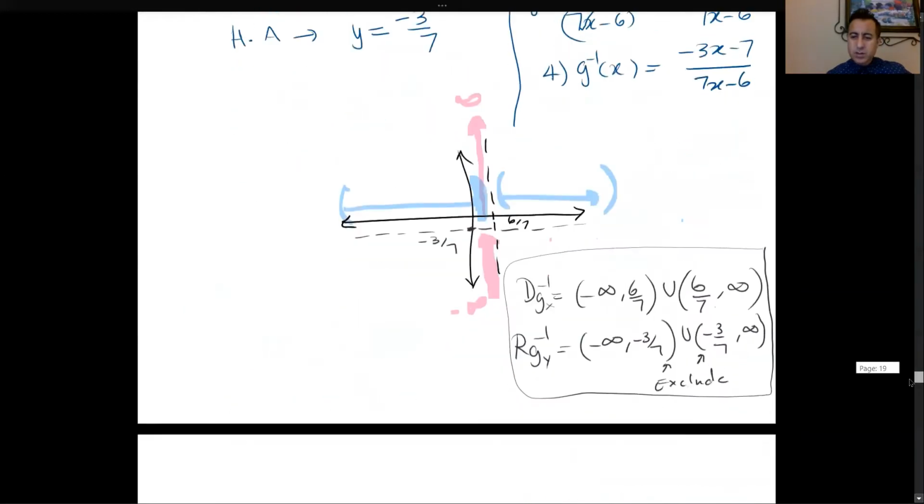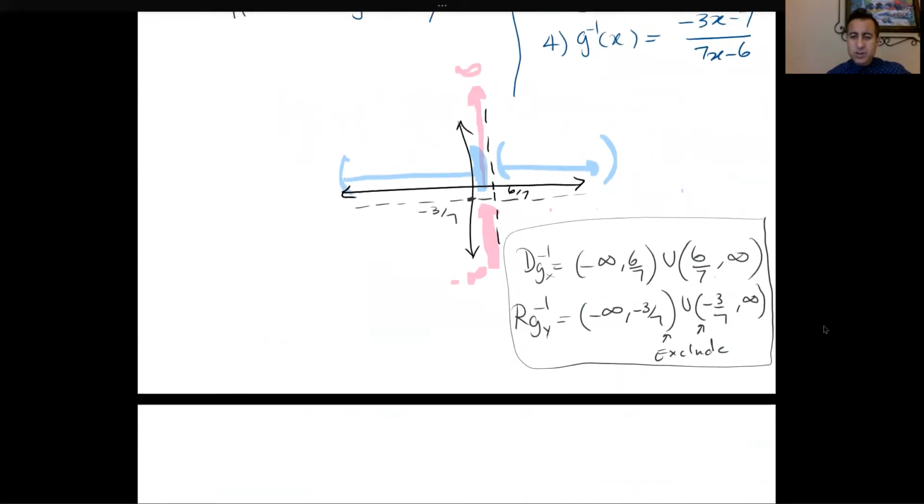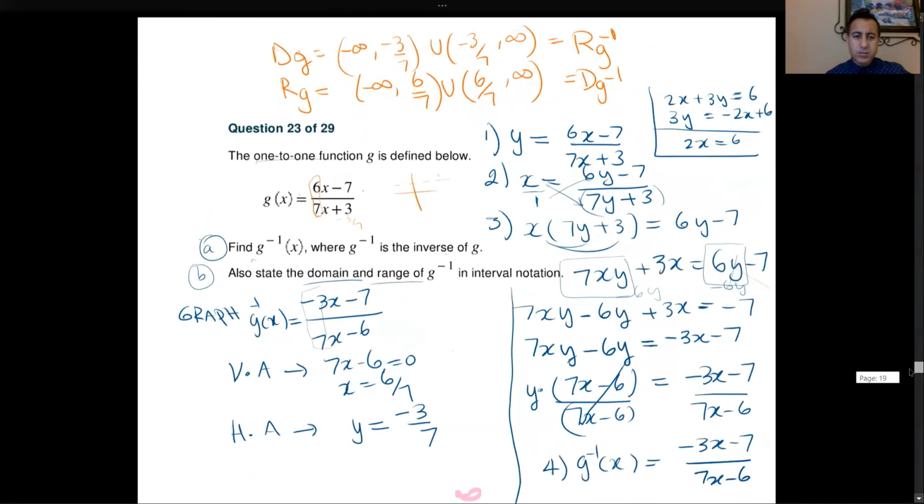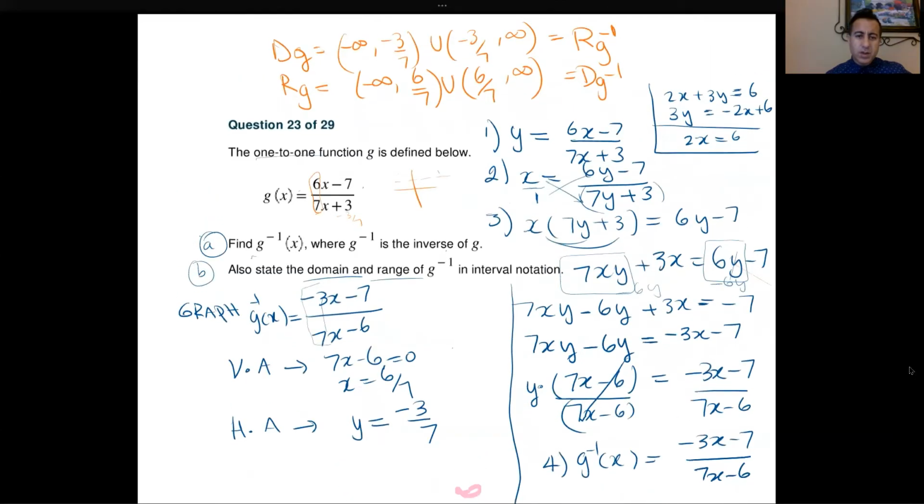And that's it. So there are two ways to find this. I can do a different video to prove that these things don't intersect the horizontal asymptote, because it is possible.